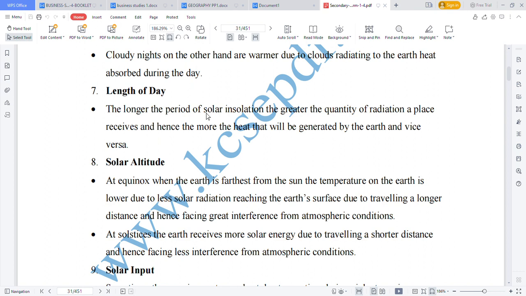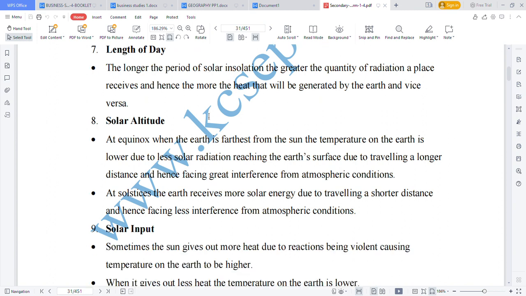The length of the day as a factor influencing temperature. The longer the period of solar insolation, the greater the quantity of radiation a place receives, and hence more heat will be generated by the Earth, and vice versa is true. That is how the length of the day affects temperature.